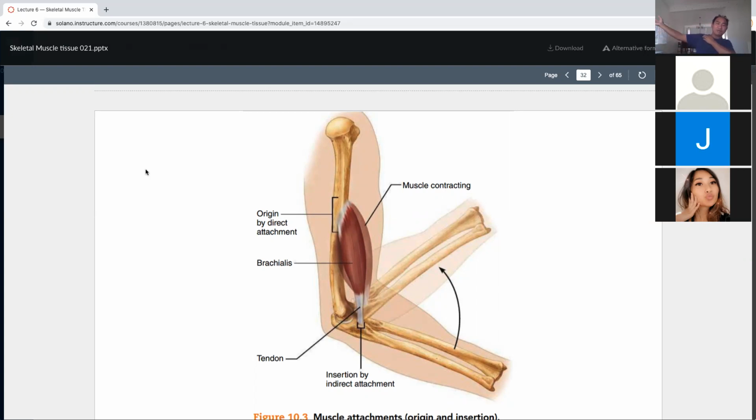So let's say for the bicep muscle, its origin is from the glenoid, which is from the scapula and the coracoid process, and its insertion is in the proximal radius in the little bony prominence, which is what we call radial tubercle. So that is the origin and insertion.